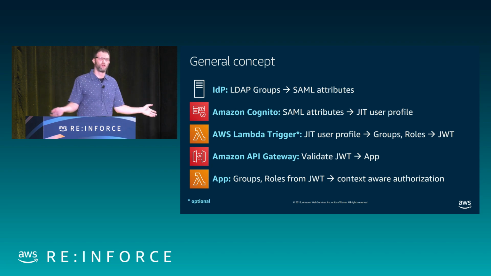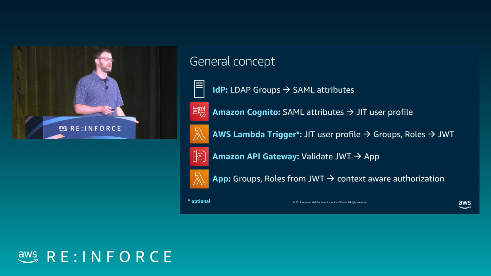I don't want to send all of the LDAP groups that the user is part of to my application, so I take a very small subset that is interesting for my app. Okay, so that's done in Okta. I can show you how it's done there. It can be similarly done with other IDPs. Then the SAML attribute is being mapped into a just-in-time user profile within Amazon Cognito. It will either be created or updated when you do this federation.